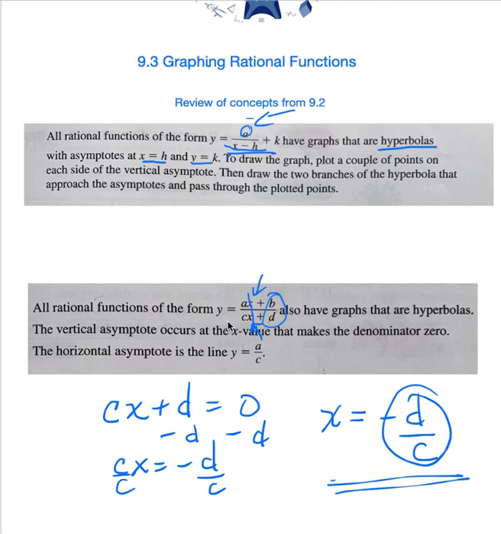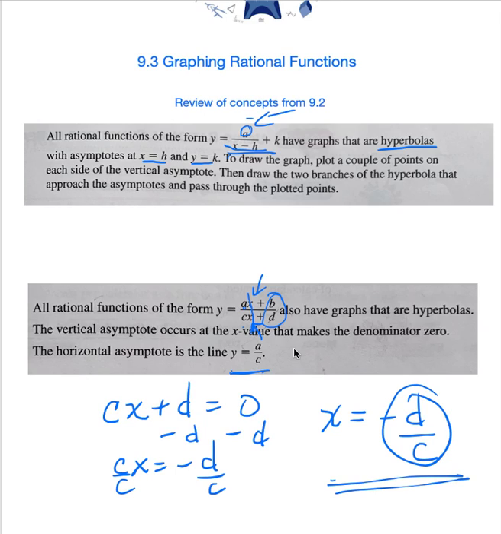So that produces a horizontal asymptote at the ratio of the leading coefficients, a over c. So y equals a over c. I think it's important to have a good sense of why the horizontal and vertical asymptotes come into being on these simpler functions that you did in 9.2, and keep that in mind as we proceed into 9.3.